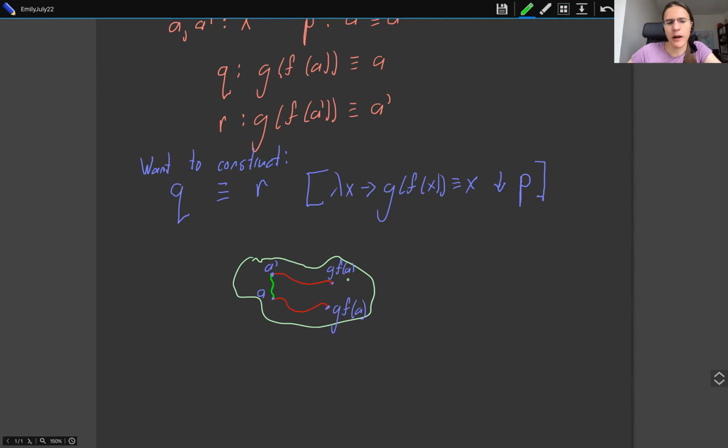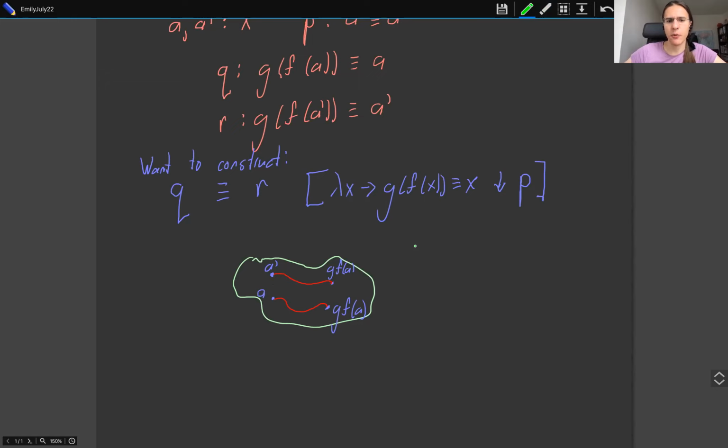And sort of the characterization that you'd think of is, well, let's say that we want it to be an equality of... okay. So the idea is this.